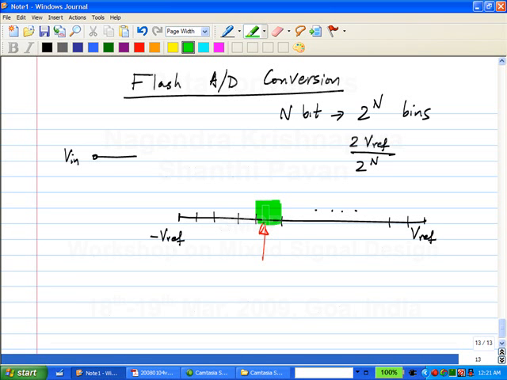And now since there are a finite number of bins, what we are doing is assigning to each bin a digital word, correct? So if there are infinite number of bins, obviously it's not possible to represent with finite number of bits. So that's why we need to have a finite number of bins, so that for every bin you can assign a digital code. The number of codes required will be 2 to the n, which means that you can represent 2 to the n bit digital code. That's the basic idea in the whole process, right?